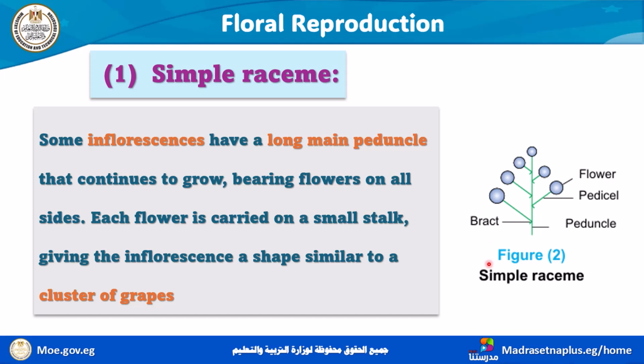Each flower is carried on a small stalk, giving the inflorescence a shape similar to a cluster of grapes. This is called a simple raceme.